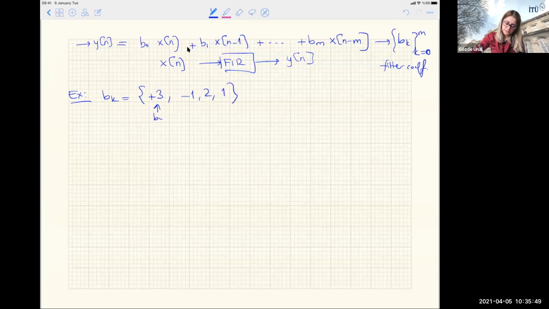If this is b0, this is b1, b2, b3. What is the I/O relation of this system? For instance, the question is the I/O relation of this system, okay? And I'm asking you also, is this a causal system or not?